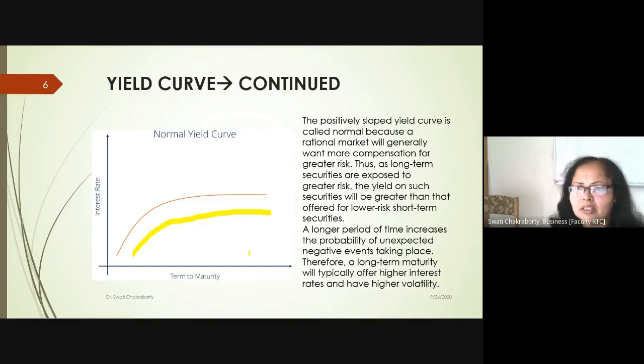It's the normal curve because a rational market generally wants more compensation for more risk. If you take more risk, you want more compensation. Long-term securities are exposed to greater risk because it's a longer period of time, so the yield you get will always be greater than that offered for lower-risk short-term securities. A long period of time also increases the probability of negative events taking place, because the economic cycle is not static, it's dynamic.